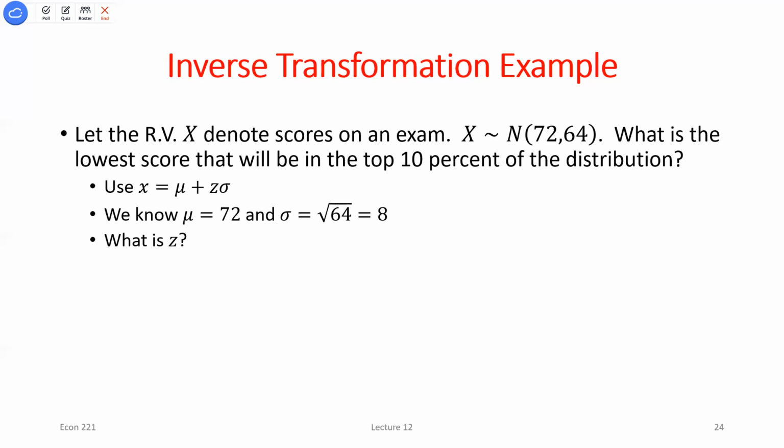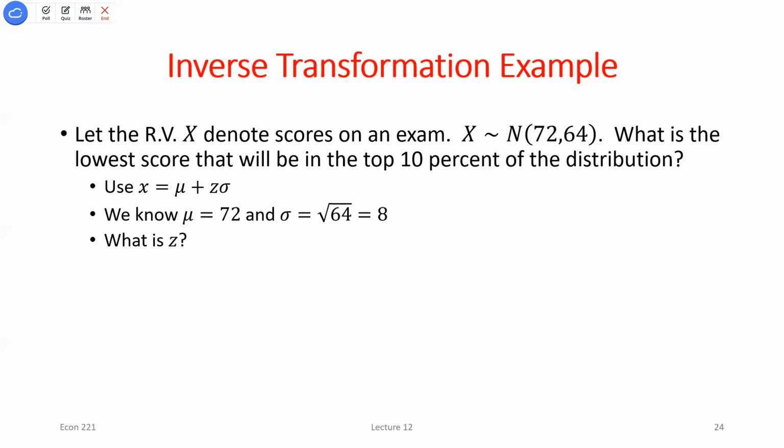So if I want to know what test score would be the cutoff such that it's better than 90% of the other test scores, the cutoff for being in that top 10%, right? I'm being told essentially the probability, or that area that I want in the left tail. So I know that this is 0.9, right?